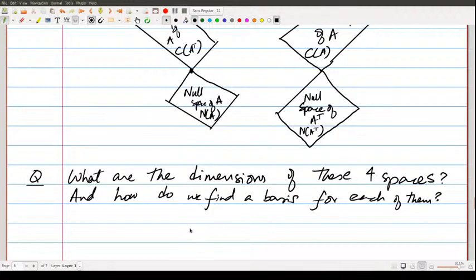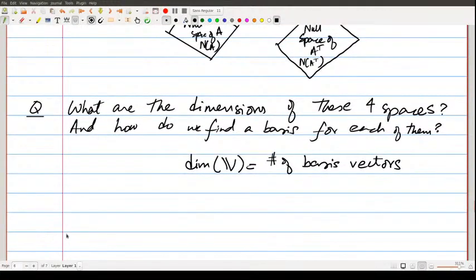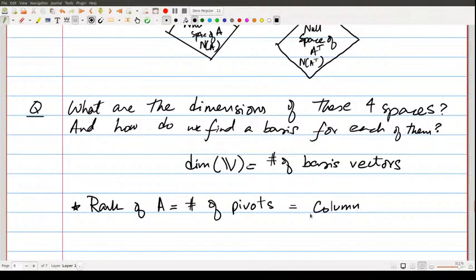Both of these questions are related because we know that the dimension of a space V is equal to the number of basis vectors that you need to span that space. At the end of the last class, we discussed this important fact that the rank of A, which is equal to the number of pivots, is the same as the dimension of the column space.